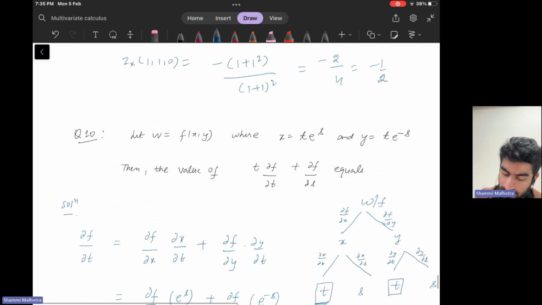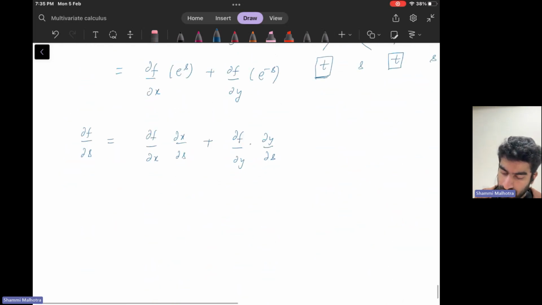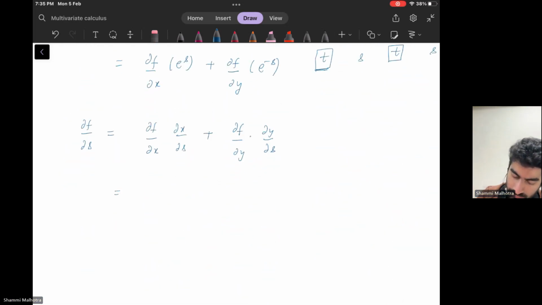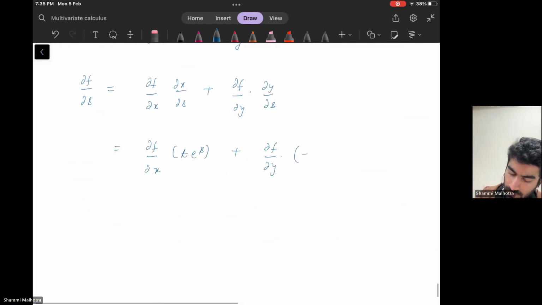Del f by del x again I don't know, but del x by del s I know. It is given by t e to the s. And similarly del f by del y times del y by del s would be minus t times e to the minus s.